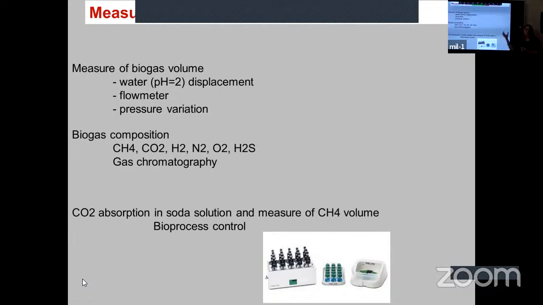In this way, the CO2 is absorbed in the solution, and at the outlet you only have methane, which is measured thanks to this device, composed of the same number of cells as bottles, and once a cell is full of gas, it will open and be registered.